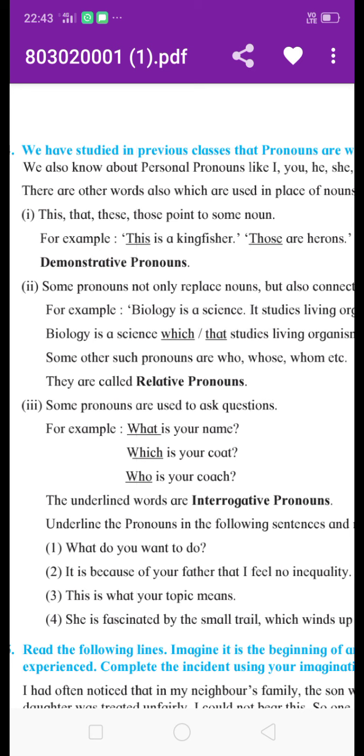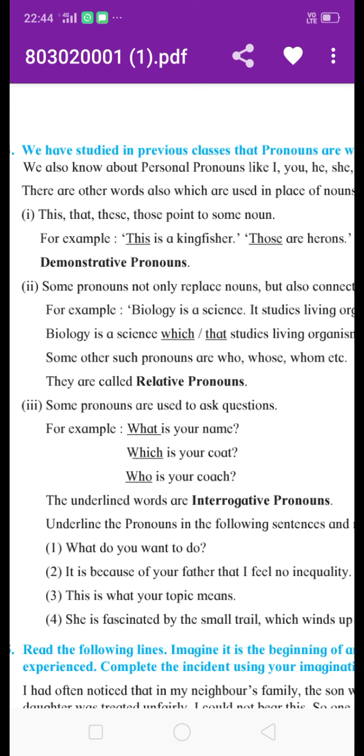Next is the reflexive pronoun. Reflexive pronouns are formed by adding self. For example, myself, yourself, herself, themselves.